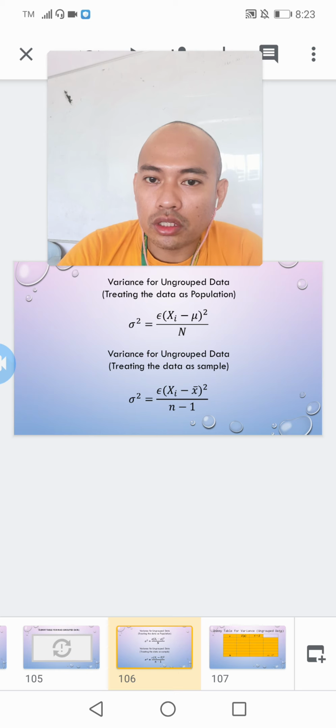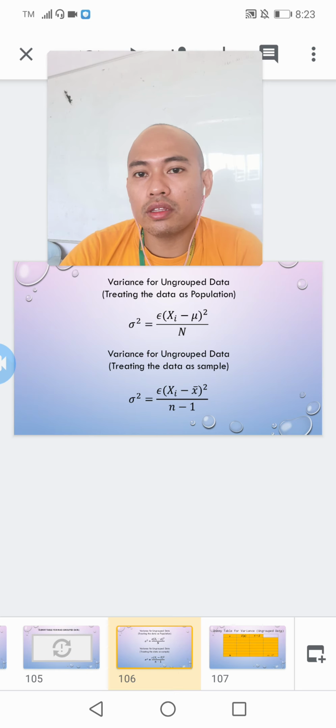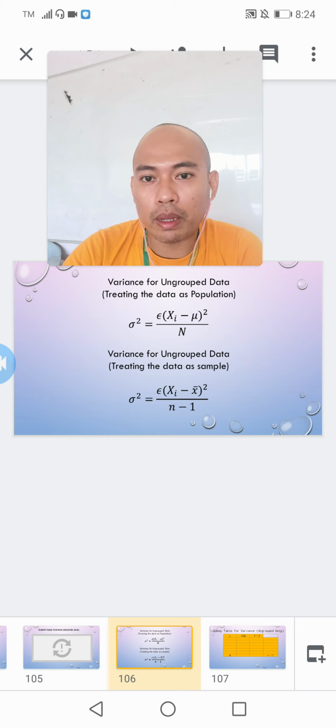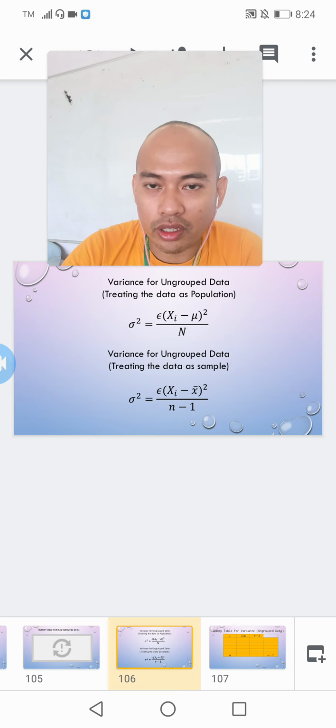Why? Because when we treat the data as a population, we use the symbol mu for the mean, and capital N as the total number of the population. Under the sample, we use x bar as the value of the mean. Since we are treating it as a sample, we have n minus 1 in the denominator, and this n minus 1 is referred to as the degrees of freedom.